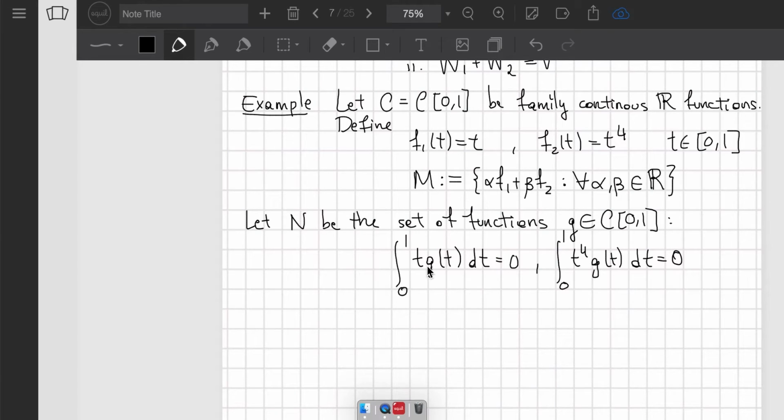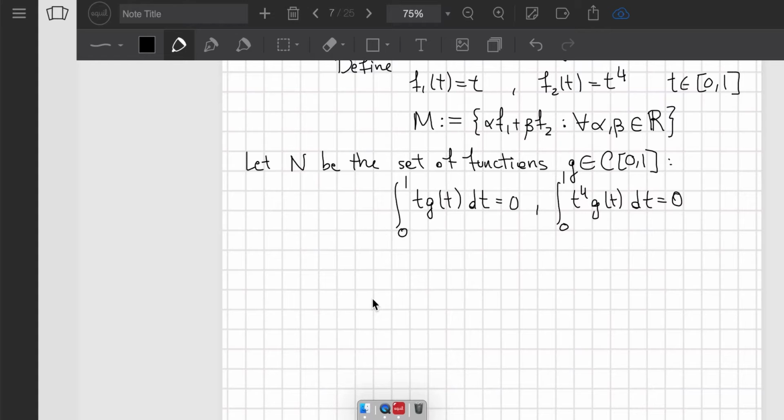So N is the set of all the functions g(t) which satisfy these two conditions. And we want to see whether or not M direct sum N is equal to C.